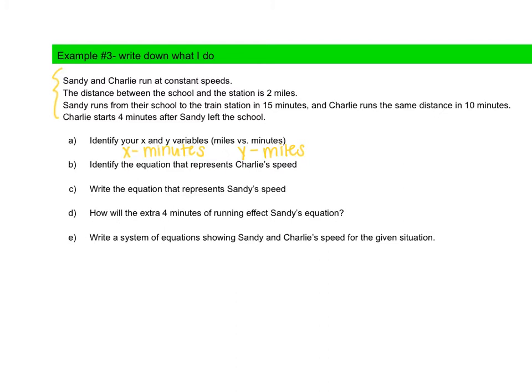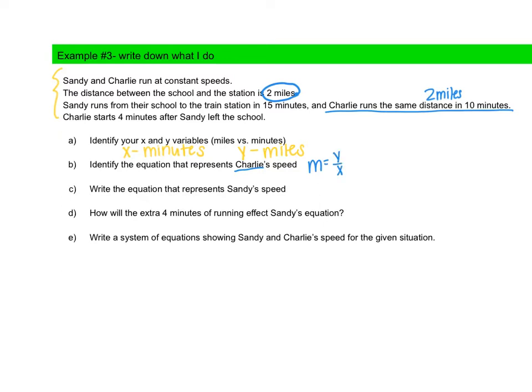Okay? First thing I'm going to do is write an equation to represent Charlie's speed. So it says Charlie runs the same distance in 10 minutes. So I need to know what was the distance. It said they run from the school to the station, which is 2 miles. So 2 miles in 10 minutes. I want to write his equation, so I want to do y divided by x.